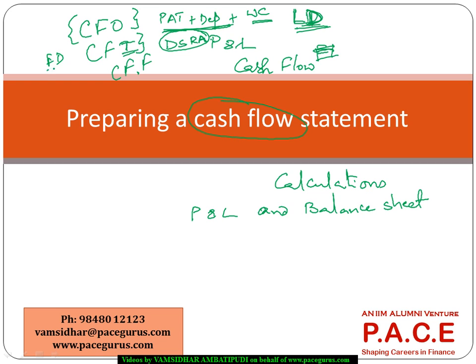This FD may fetch some kind of return. That is where I call that kind of account a DSRA account, which I treat as cash flow from the investment activity. And anything to do with the loan repayment is what comes out as the cash flow from financing activity.